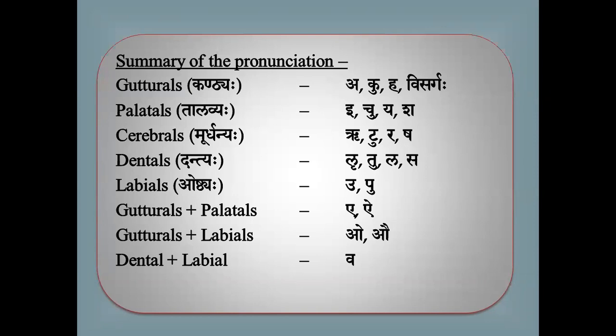And the Shiksha Sutram gives it in an easy, condensed way. Akuha Visarjaniyanam Kantaha. Ichu Yashanam Talu. The same thing is written in the slide. That is the sutra form. That is what I have really written, not using Saṃskṛtam; in English I have written guttural, palatal, all these things.